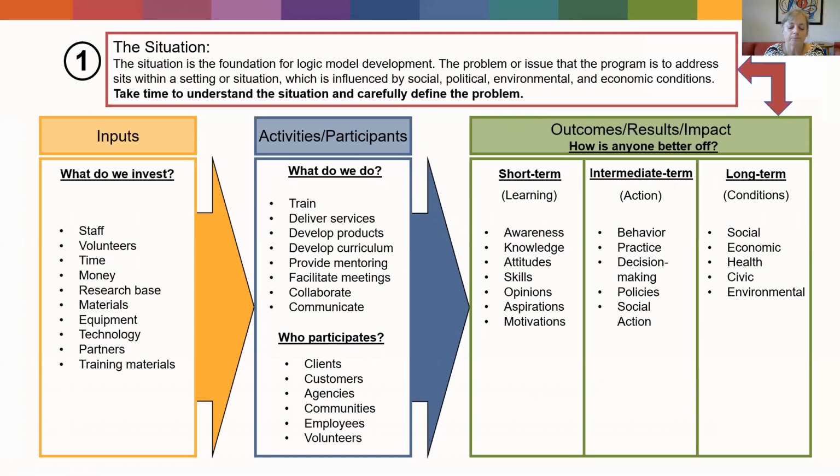For example, if the situation shows that too many teens are smoking because they don't understand health risks, the outcomes might be teens learn about the health risks of smoking, they commit to a method of quitting, and they ultimately quit smoking and live a healthier life. So really you're defining your outcomes within your situation statement.